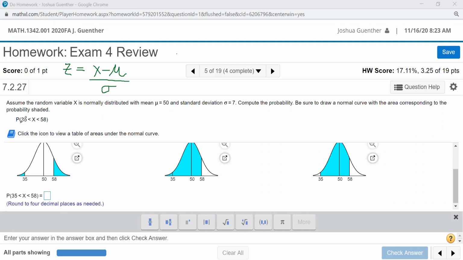For an x value of 35, the z-score would be 35 minus mu, which has to be given to you. Mu is 50 for this problem, divided by the standard deviation of 7. That's going to be a negative number. Using my calculator, we'll round it to 2 decimal points because we can only look up z-scores out to 2 decimal points. It'll be negative 2.14.